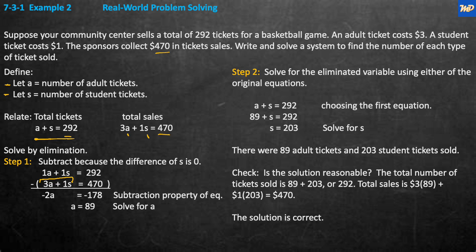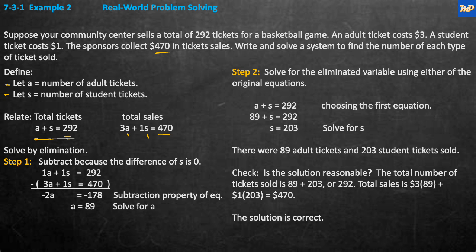And we're going to subtract them. Why are we going to subtract? Because when we do, as you look here, you see that 1 minus 1, because they're both positive numbers, is 0.